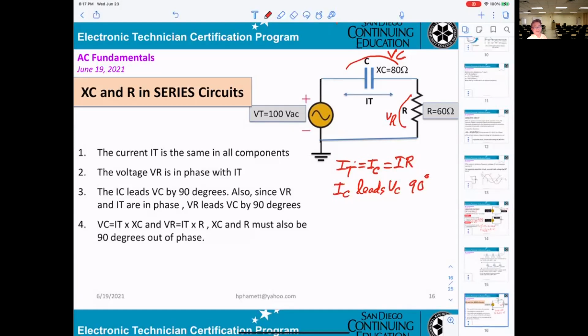IC leads VC 90 degrees. That will be telling you IT will also lead VC 90 degrees. Correct? IT and IC are the same thing. That will be telling you another thing: IR also leads VC 90 degrees. Is it correct? Yes.